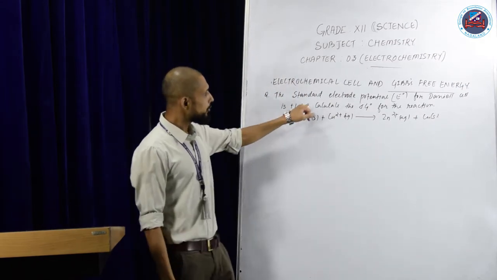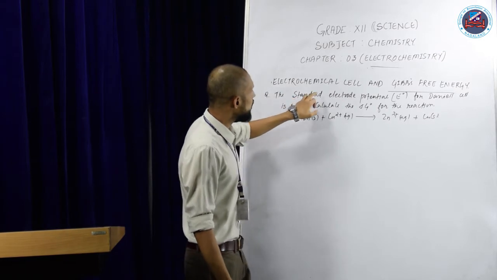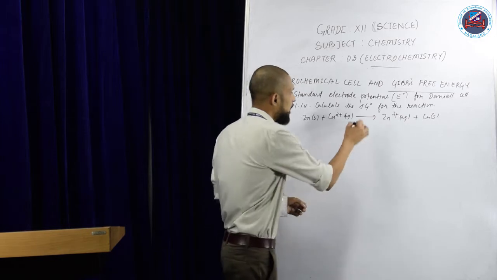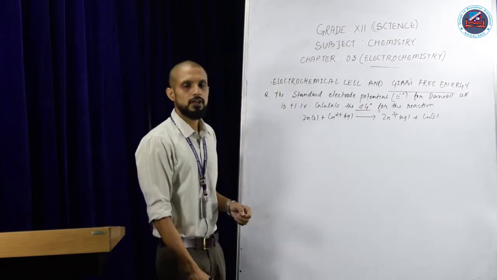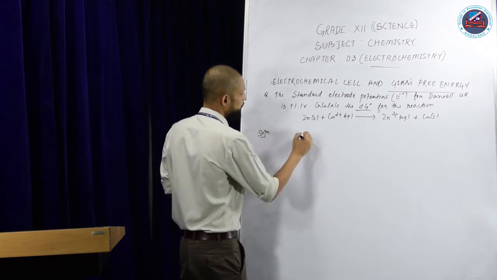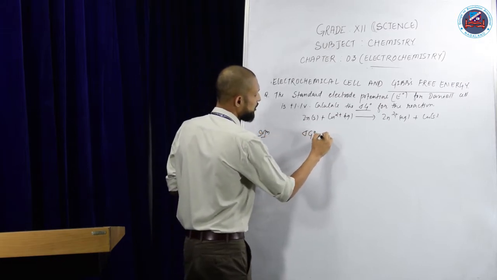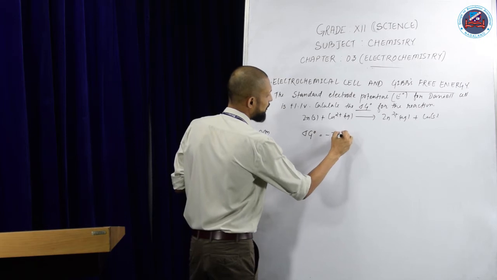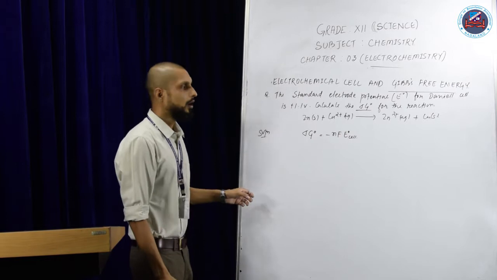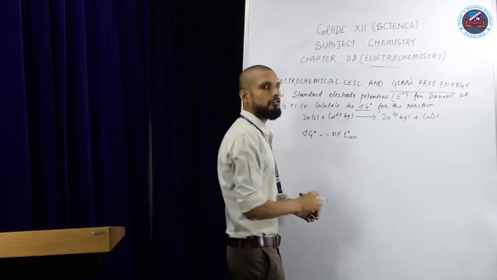So you can see from the question, the standard electrode potential, that is E naught, is given. We have to calculate delta G naught, that is standard Gibbs free energy. So first, you write down the formula, that is delta G naught is equal to minus nFE naught cell, where n is the number of electrons.